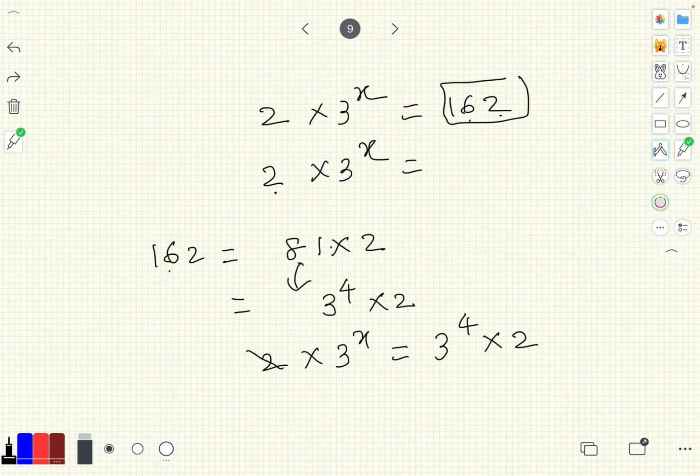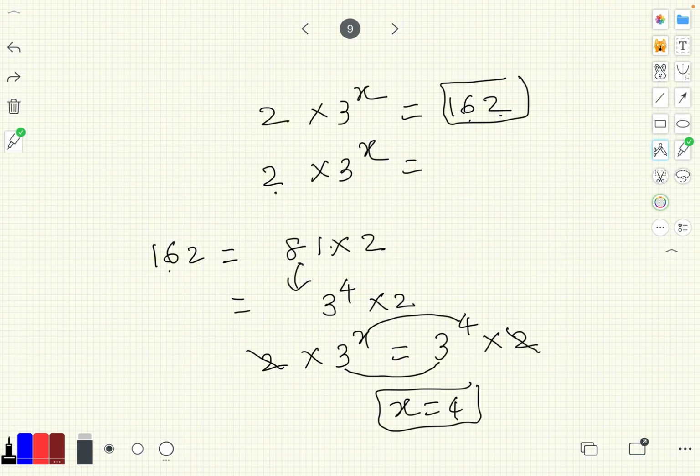You can cancel this 2 and this 2. Here the bases are identical, so you equate the powers. So x is equal to 4. Now, very simple questions. If you approach these questions systematically with simple logic, they are going to be a cakewalk.